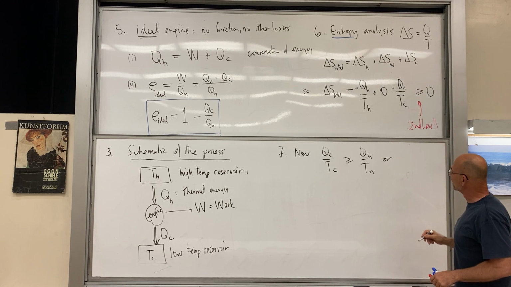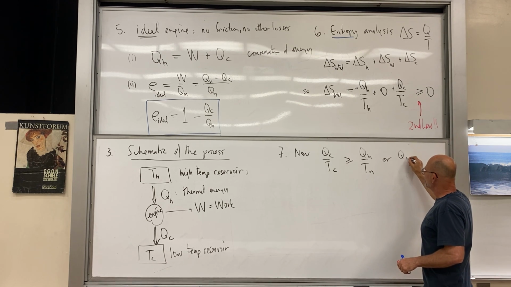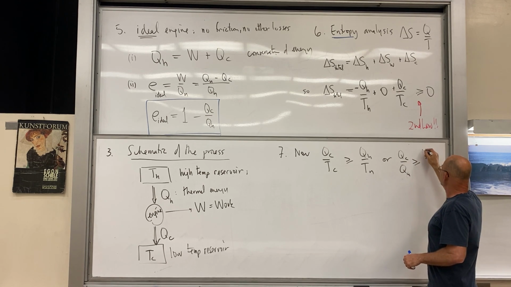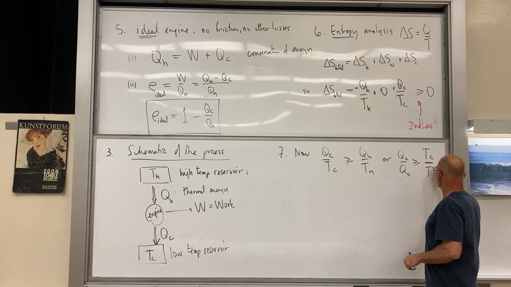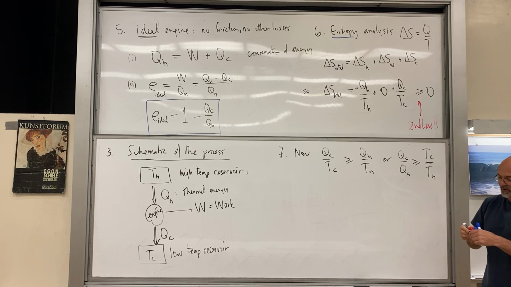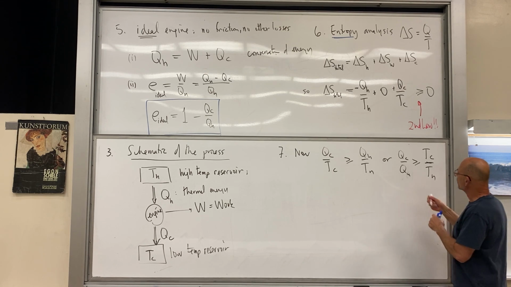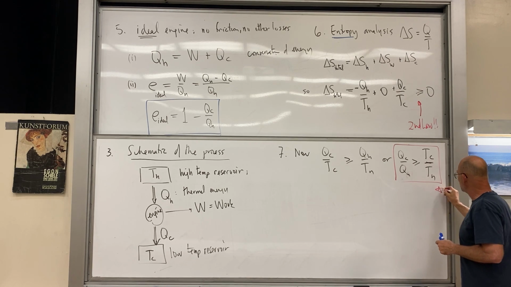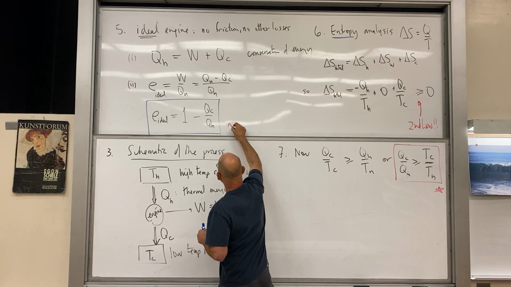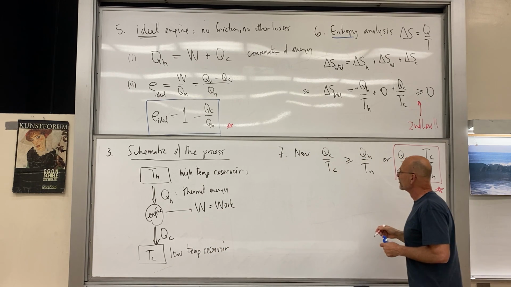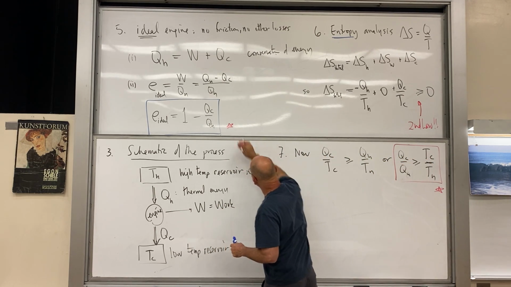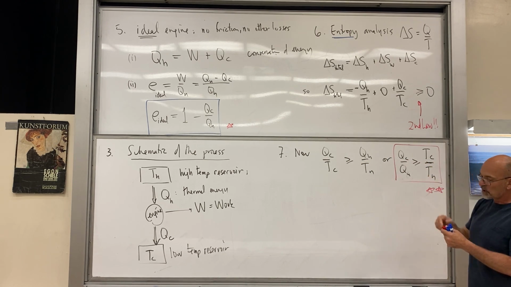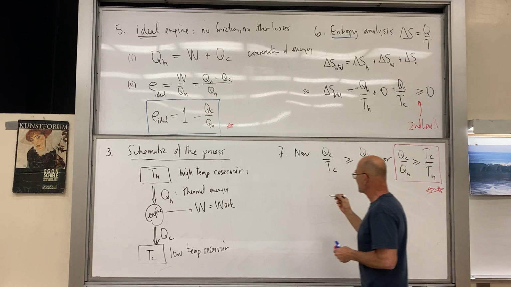Or I can write Q C over Q H is greater than or equal to T C divided by T H. This one we're going to use. I've just rearranged this inequality. But what I'm going to do now is plug this into here. In fact, let's name this star, and this double star. So I plug double star into star. I'll even call this point 8.